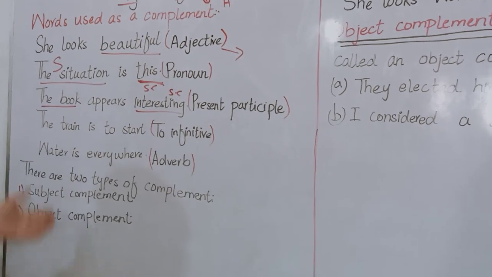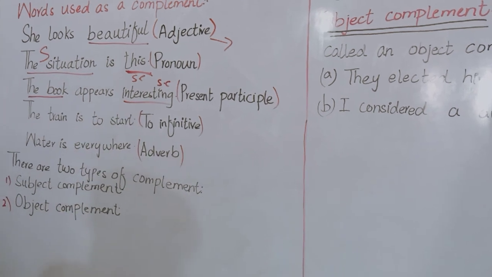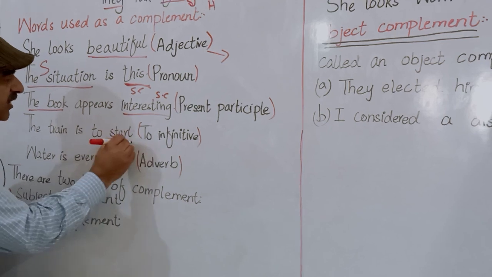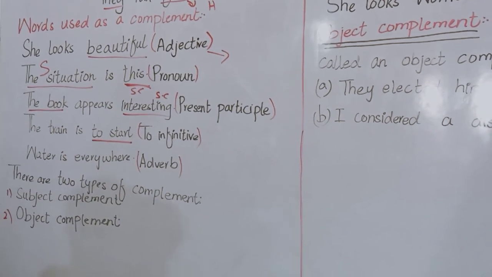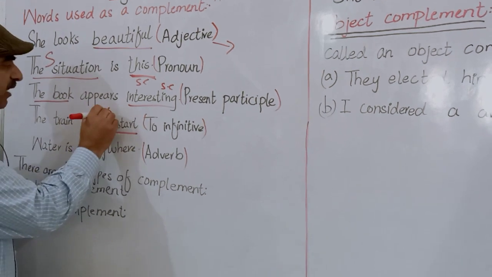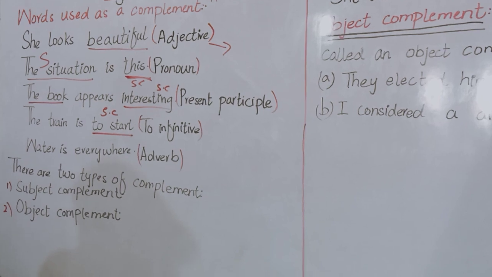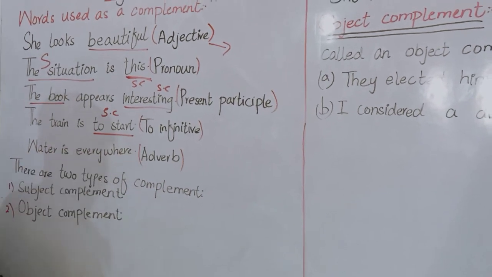Okay? Next one. The train is to start. The subject is completed by "to start," an infinitive. Again, it's a subject complement, but it is completed by an infinitive. Water is everywhere.